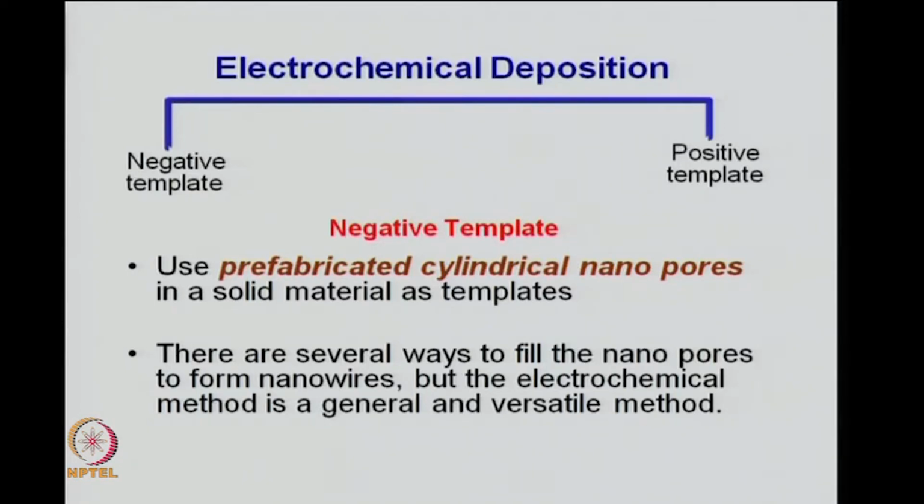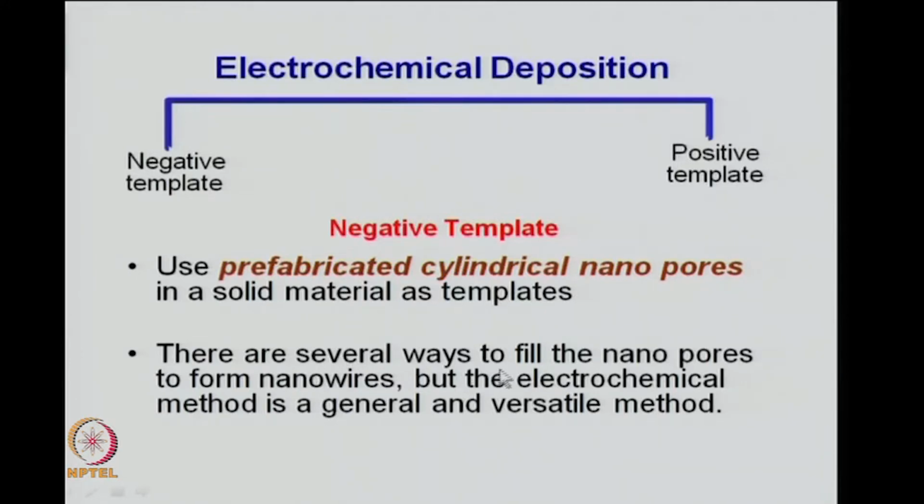In the negative template method, you use prefabricated cylindrical nanoporous solids as templates. So, you have a solid which has pores, and these pores are of the dimension which you want your nanomaterial to be. These are cylindrical pores, and then you fill these pores.